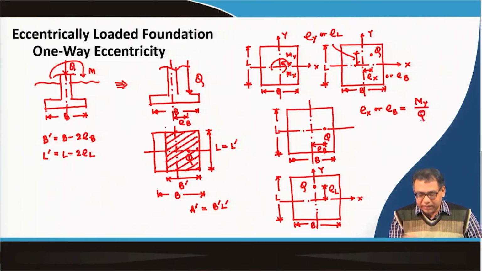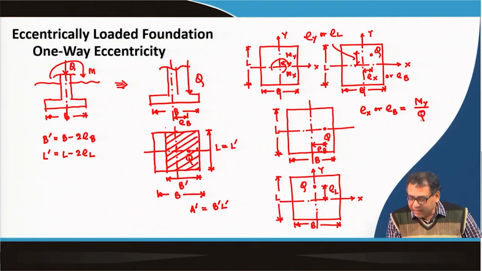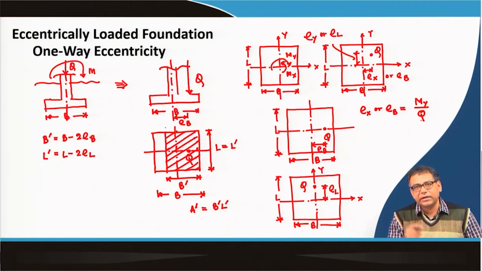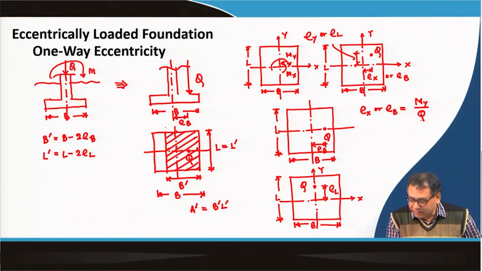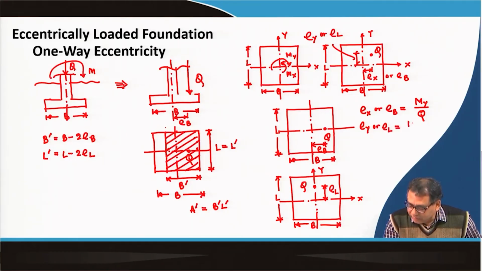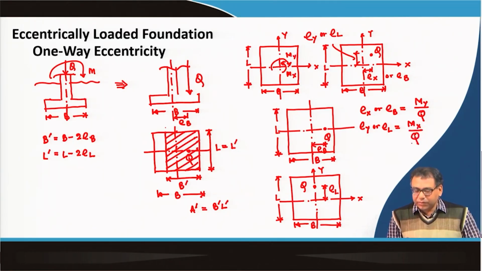That means, if there is a moment acting with respect to the x y axis and there is a load q acting, then we can determine E b or E x in this way. And sometimes E b or E x can be directly given, if the load itself is acting away from the center. Similarly, I can write that E y or E L is equal to m x divided by q.